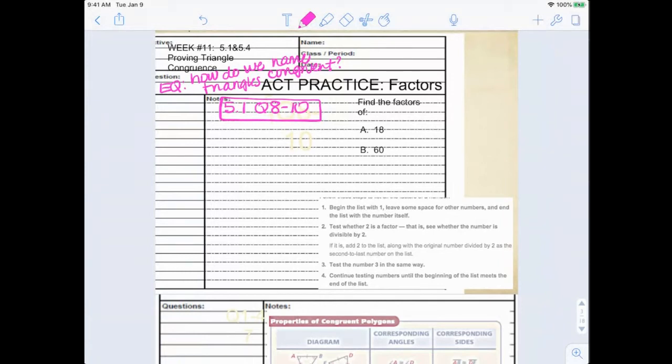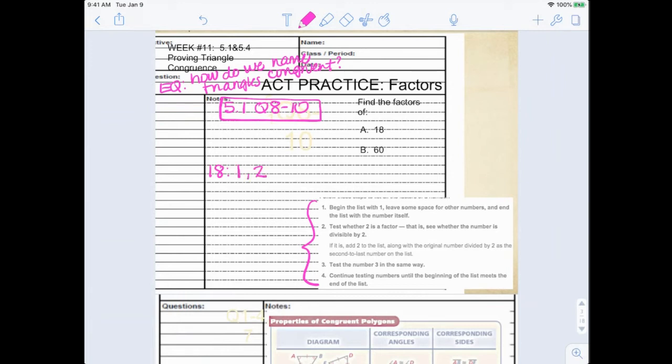A factor of a number is basically a number we can divide evenly out of the given number. So there's some long steps, like beginning with the list, starting with 1. Can I divide 1 out and work all the way up to that number that we're trying to find the factors of? So if I were trying to find the factors of 18, for example, I could say, could I divide 1 out evenly? Yep.